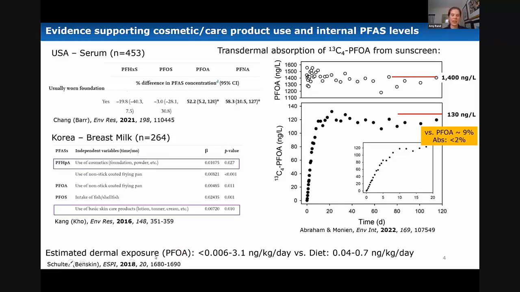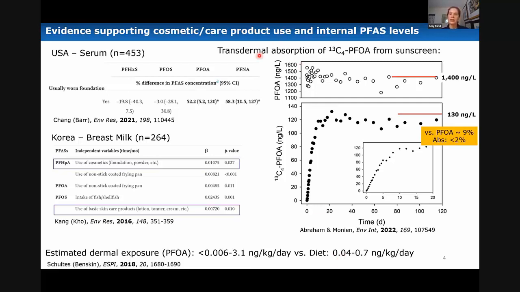And Gv et al. in 2018 then extrapolated those parameters to a person and noted that a regular daily dose of PFOA, say in a foundation, being absorbed through the skin would result in a range of PFOA levels being found in the serum, up to 3.1 nanogram per kg per day. And I think this is quite telling because this is a range that's very similar, if not higher, than that found in the diet, which is, again, currently considered one of the primary routes of PFAS exposure.